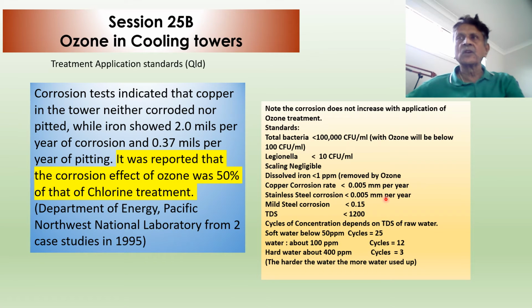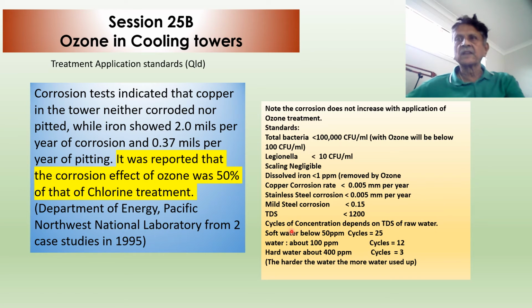TDS was below 1200. Cycles of concentration depends on TDS of the raw water. Soft water was below 50 ppm in this case, which means the cycle will be approximately 25. So you can go up to 25 cycles.